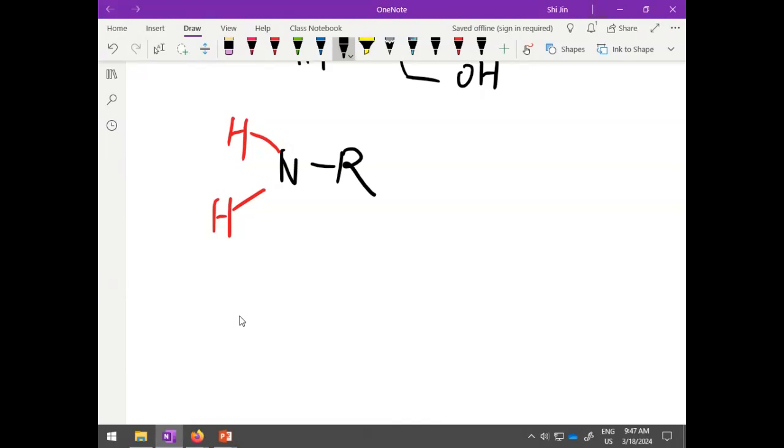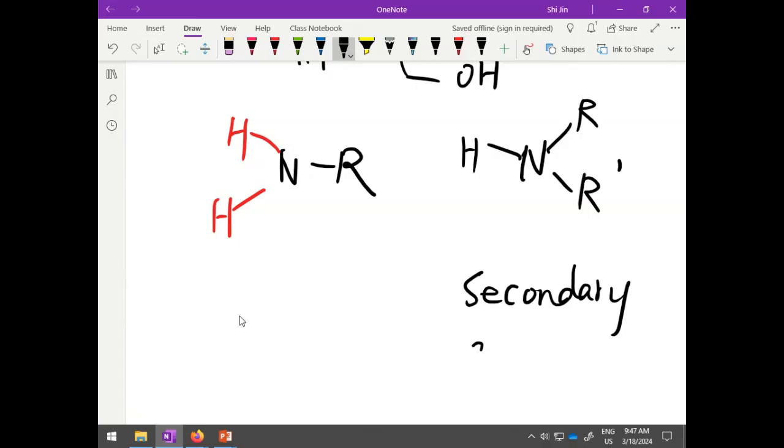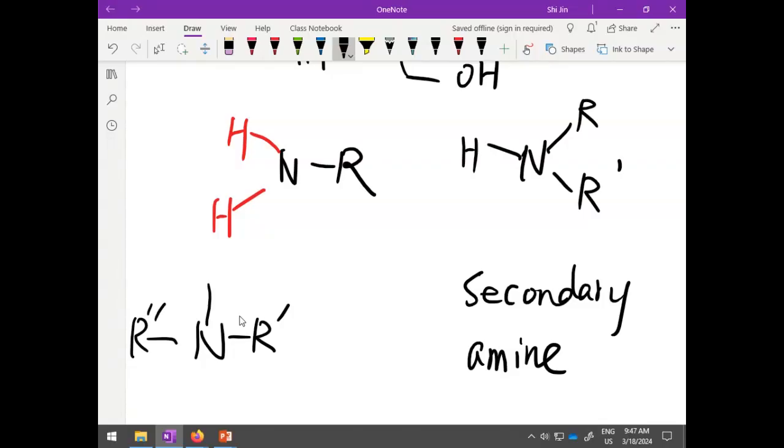If you have this, we call it a secondary amine, because nitrogen is directly bound to two carbons. And if you have this, we call it a tertiary amine. This is a brief classification.